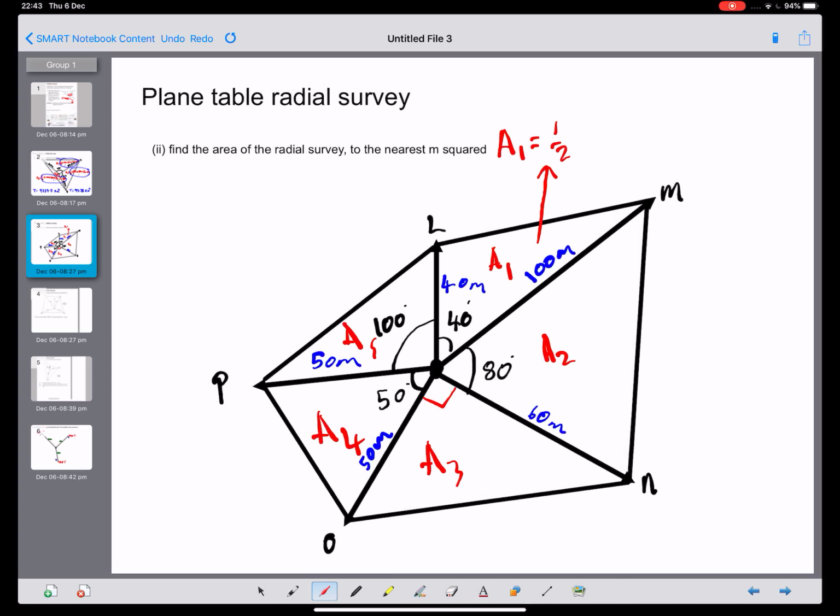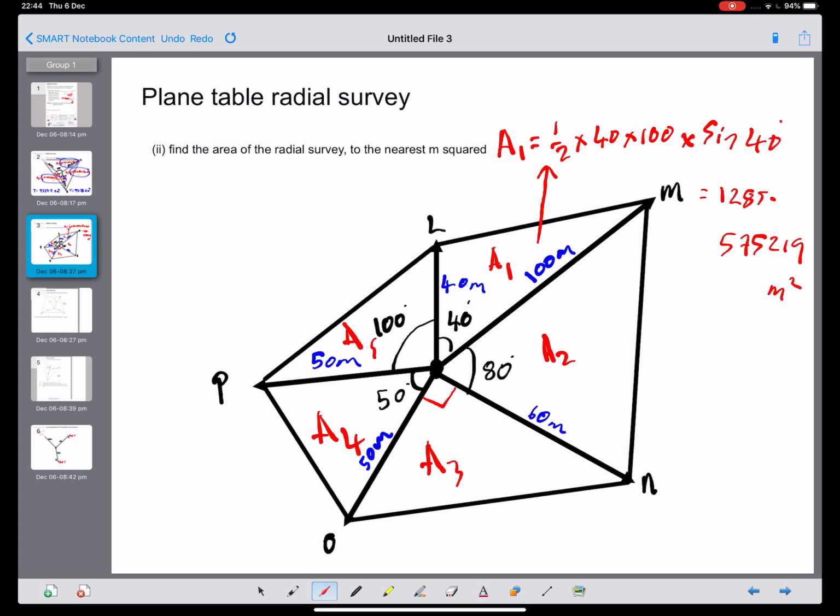It's going to be half times 40 times 100 times sine of 40. That should give you 1285.575219 meters squared. If we input all those into the calculators, it prevents us getting a rounding error.